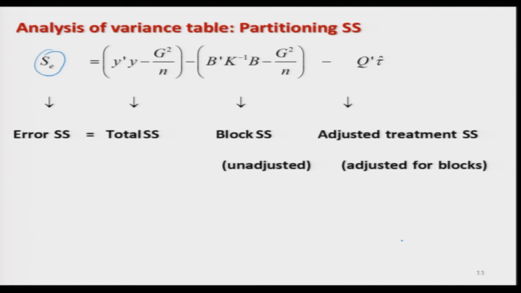So, this SE will be indicating the SSE which is obtained from the intra-block analysis of variance. So, that is what you have to keep in mind, that this symbol is SSE in the intra-block analysis. And what is this intra-block analysis? Whatever we are doing here is actually intra-block analysis, right.